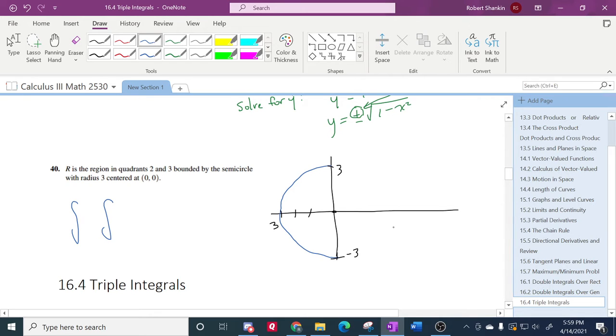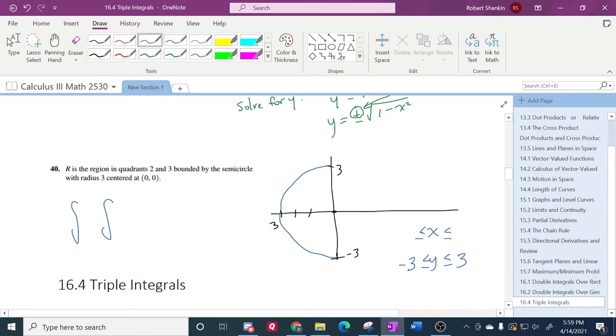Now this corresponds to x and y constraints. Okay, so we want y to go from this time, these being constants.